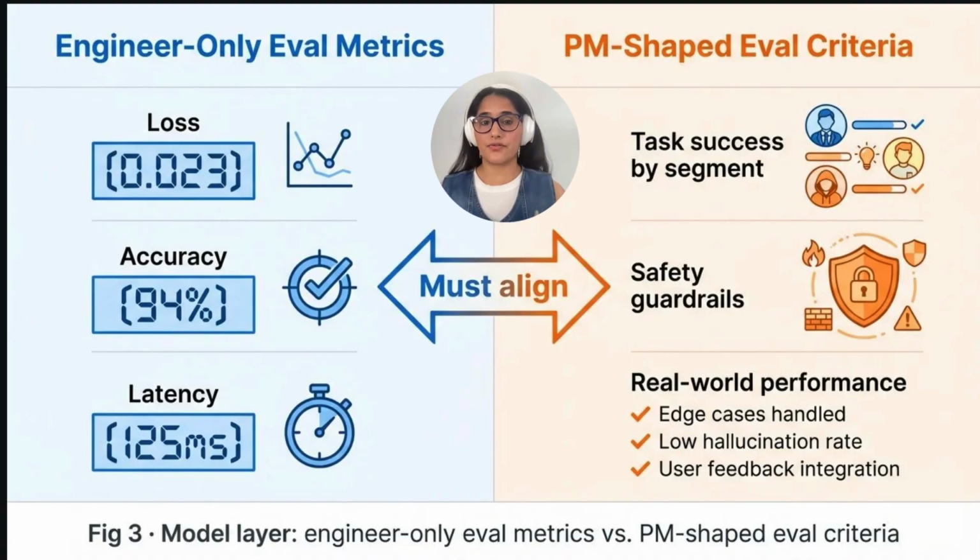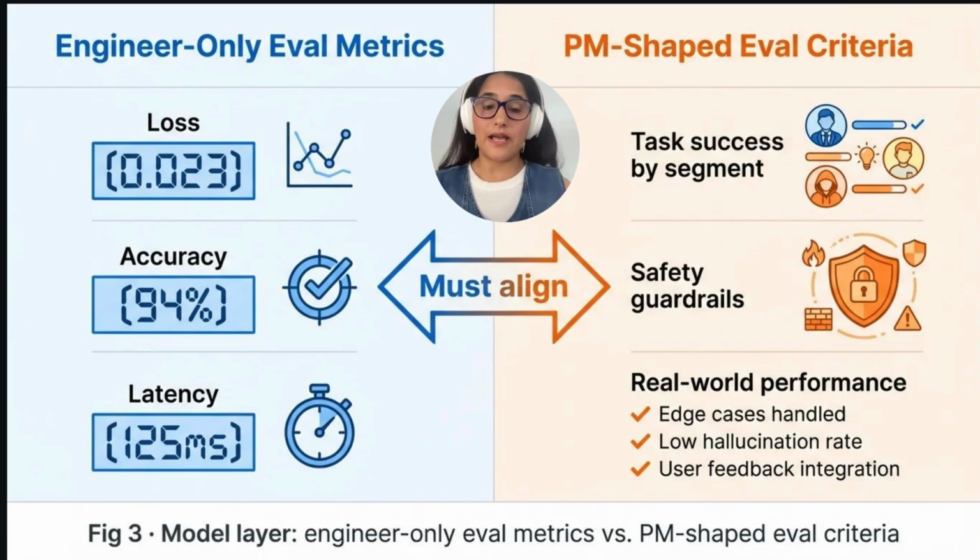Now, look at the decision thresholds here. When is the model good enough to ship? What is the minimum acceptable accuracy on your highest stakes use case? Did you define the quality, latency, cost trade-off, or are you willing to make one? These feel like engineering questions. These are actually product questions.